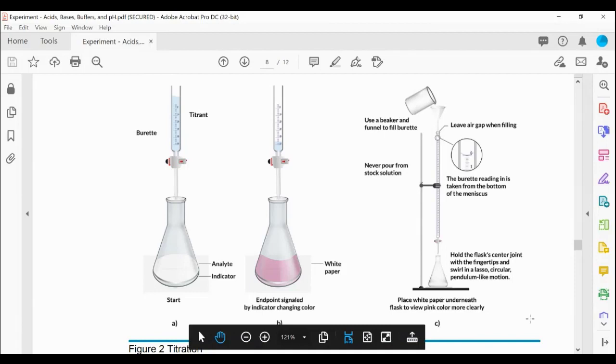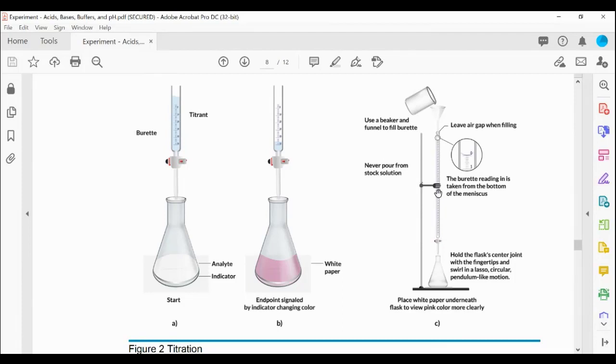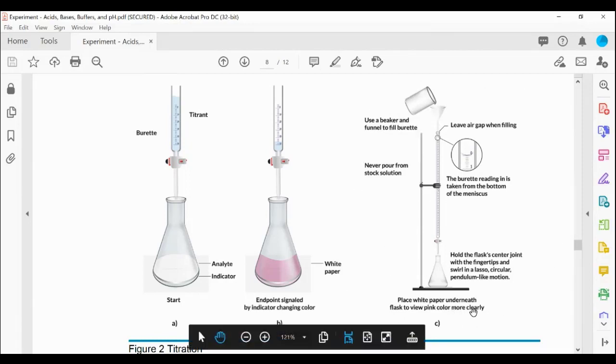If you happen to be in the lab, this is what you have to assemble. You need a flask here. You need, this is called a burette, and this is what you fill. You use a beaker to fill the burette, and you use a clamp, and this is the whole setup.